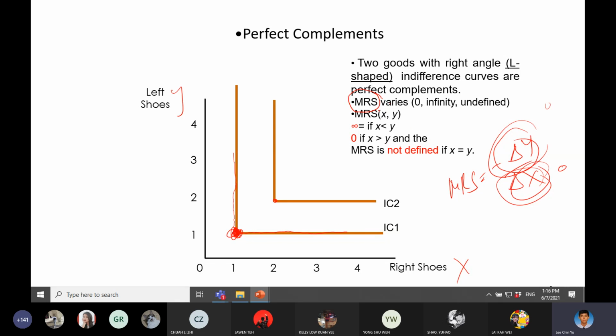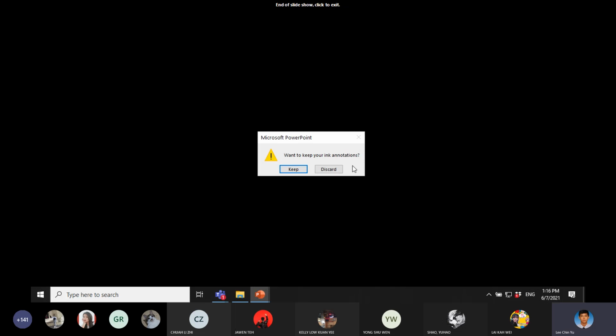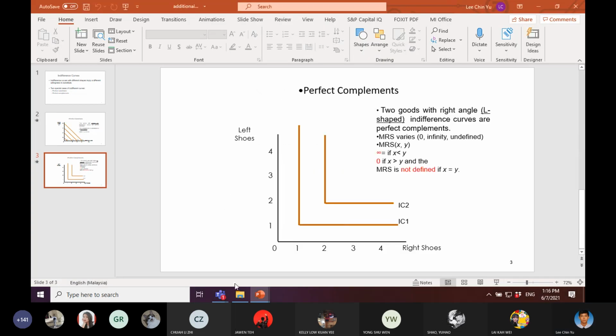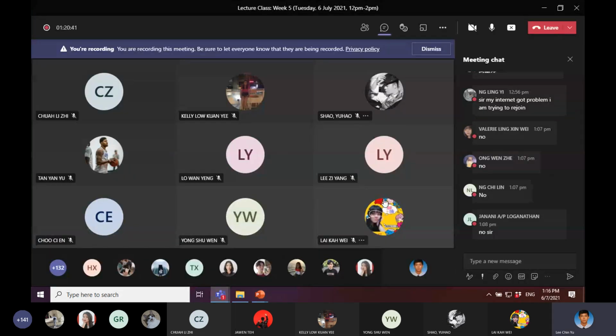So in this case you get either 0, infinity, or undefined. At the end, for perfect complements, we don't have an MRS; in a simple way, we cannot calculate the MRS. Any problem? This is the special case. If not, then we continue.